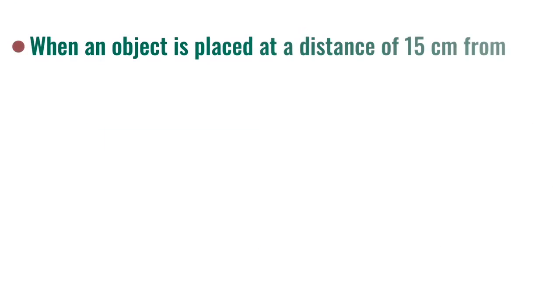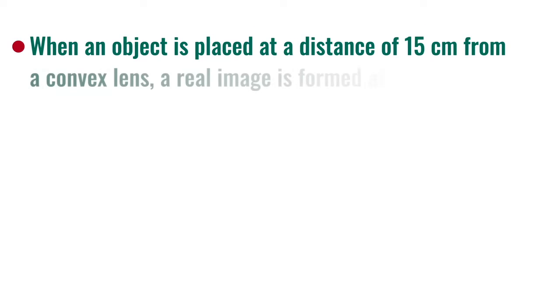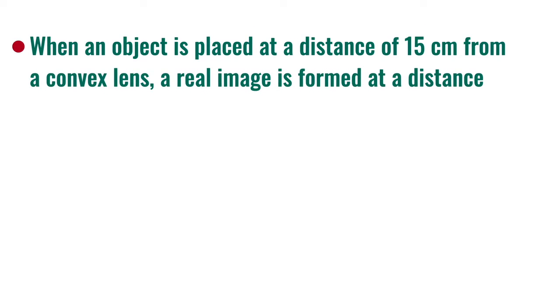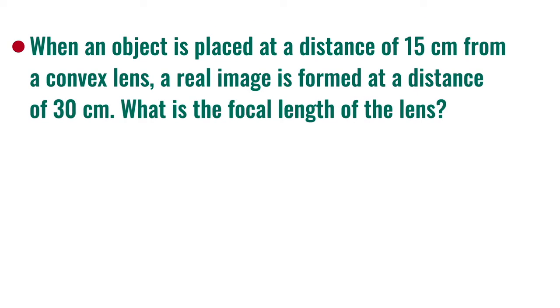When an object is placed at a distance of 15 centimeters from a convex lens, a real image is formed at a distance of 30 centimeters. What is the focal length of the lens? Here, we are given that the object is placed at a distance of 15 centimeters from the lens.